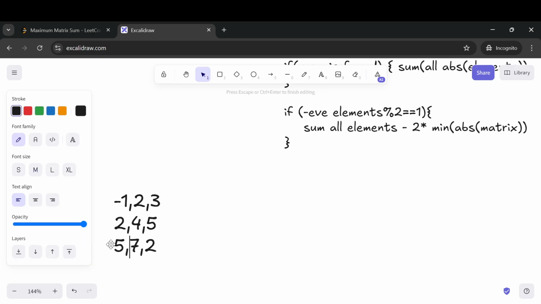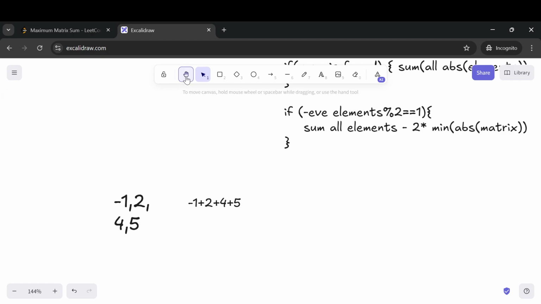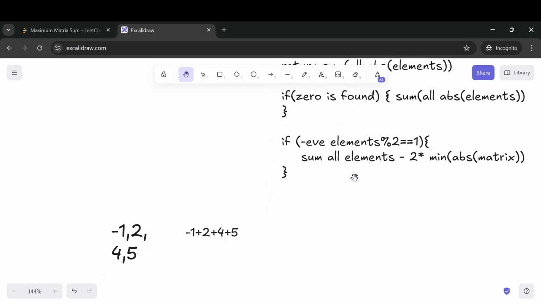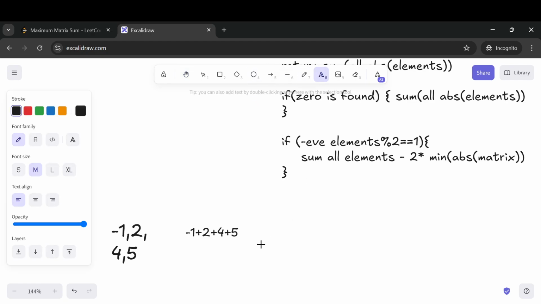Let's take a smaller example so that we save time. We take a 2 cross 2 matrix. So the answer would be minus 1 plus 2 plus 4 plus 5. And when we apply our algorithm, let's calculate the sum of all absolute values.